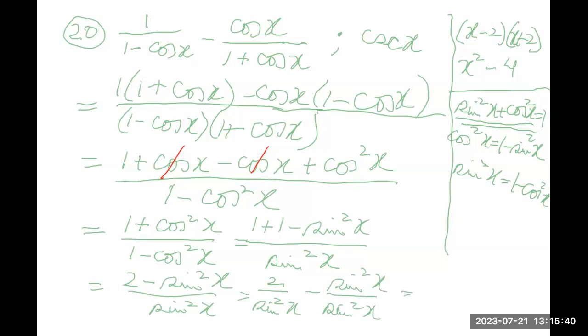Now, we want our final answer to have cosecant, and 2 over sine square x is in fact 2 times cosecant squared x, because cosecant and sine are reciprocals of each other. Minus 1. Sine squared x over sine squared x is 1. So that's our answer.